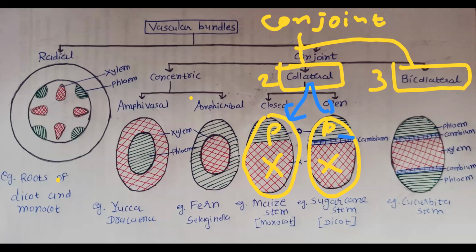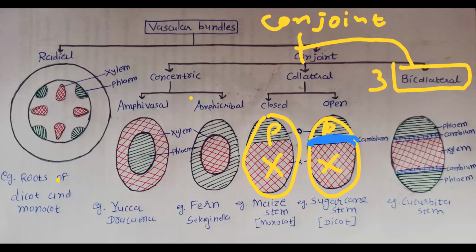That collateral bundle in which between the xylem and phloem within the bundle, the vascular cambium is passing, on outer side of the cambium phloem, on inner side of the cambium there is a xylem. This pattern is called as open type of collateral bundle.